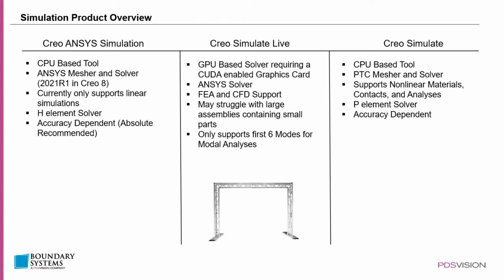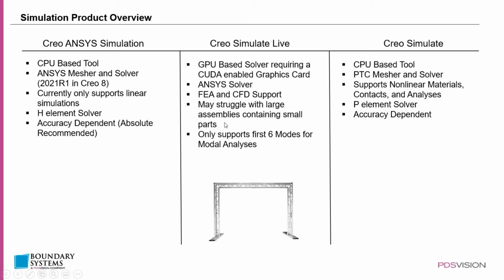In terms of drawbacks, what are the limitations of Creo Simulation Live, or just a couple here? This does typically struggle with very large assemblies containing smaller parts. I have an example down below of a framework where overall size-wise this is very large, but certain cross-sectional dimensions of the beams may be very small compared to this overall size.